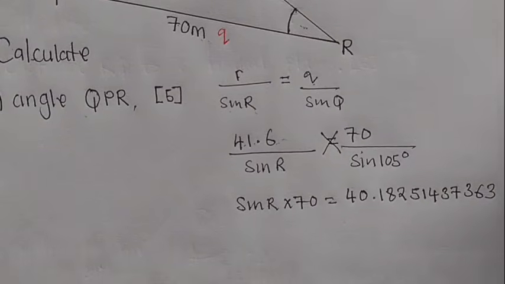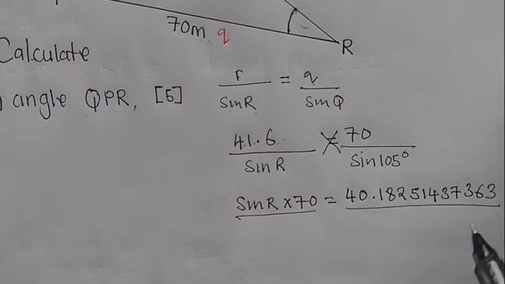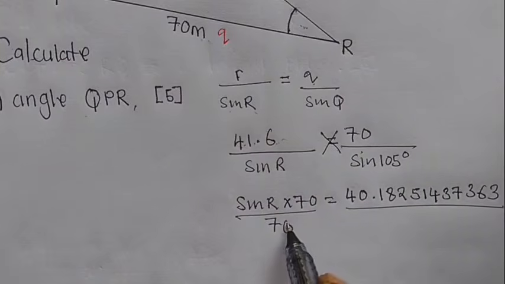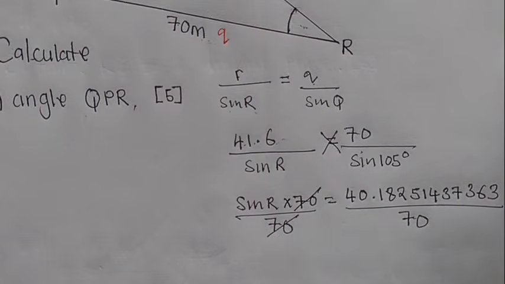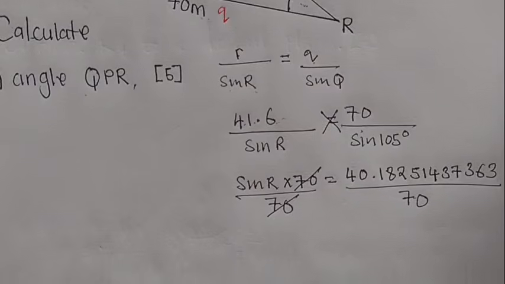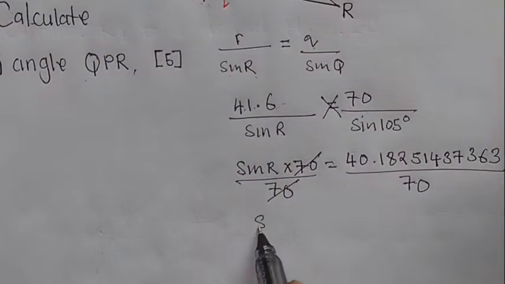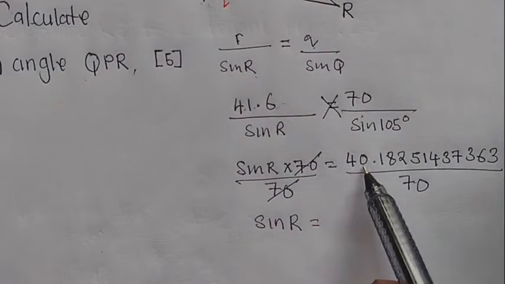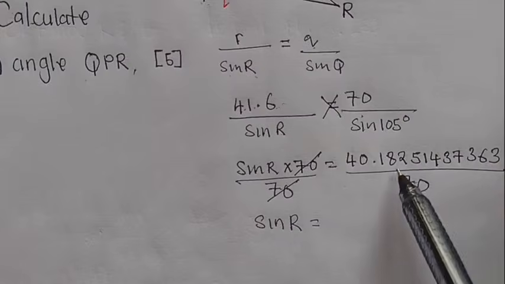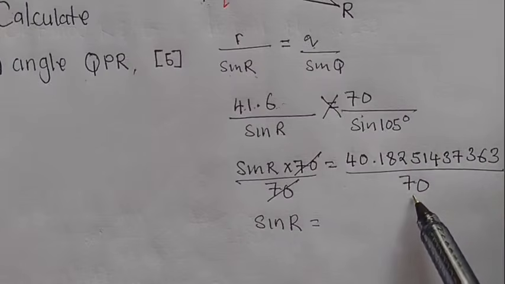Our main interest is in finding this sine R. So we need to get rid of this 70 right here by dividing throughout by 70, so that the 70 and the 70 cancel. We are just going to remain with sine R is equal to 40.18251 divided by 70.